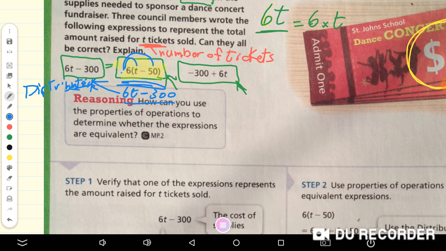And the next one, sorry for my bad handwriting. Distributive property. What about this one? Is this equivalent to the first and second?